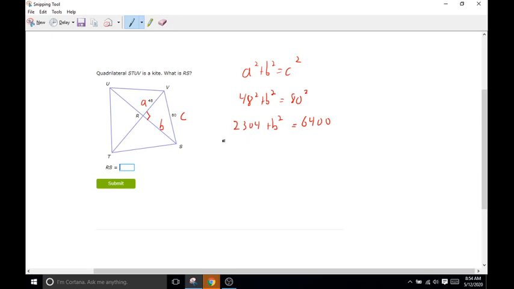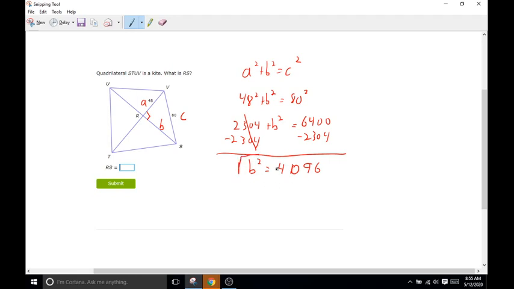Okay, now to get b squared by itself, we're going to subtract 2,304 from this side and this side. So we have b squared equals 6,400 subtracted by 2,304 is going to equal 4,096.